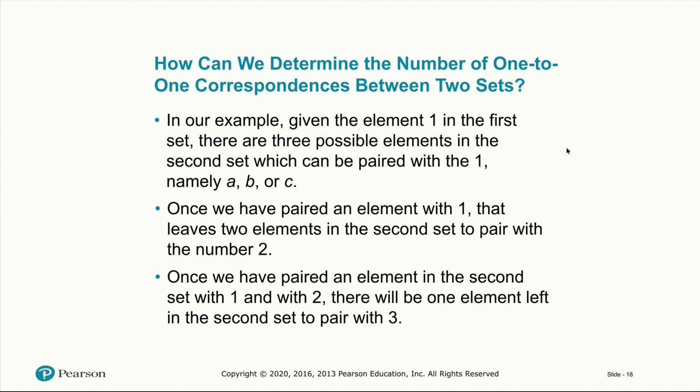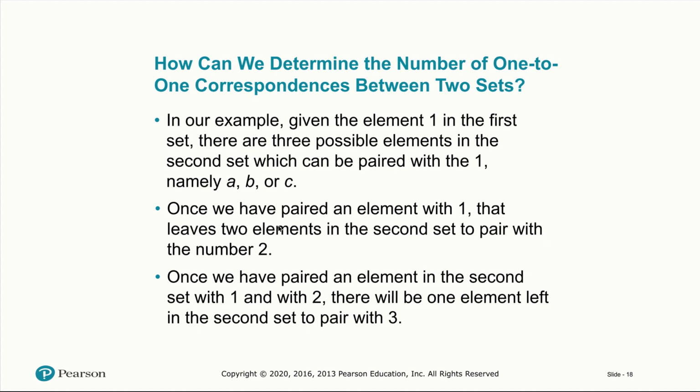Because this has to be a one-to-one correspondence, when you move on to try to pair 2 with some element from the set A, B, and C, you don't have 3 choices anymore, because one has already been spoken for by 1.